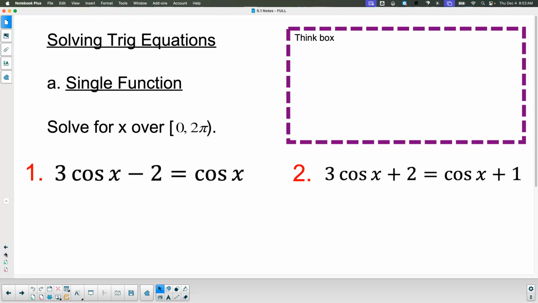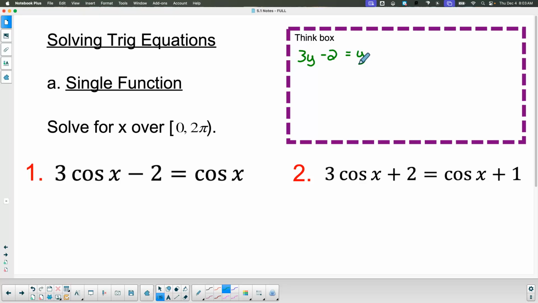So if I'm looking at this first one, what I'm really thinking in my brain is this, and I have a think box here just for thinking about it. I'm thinking this is 3y minus 2 equals y, and I want to solve for y. So in my think box, how would you go about solving that for y?